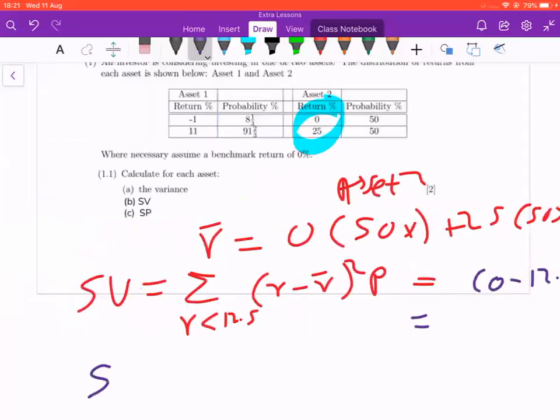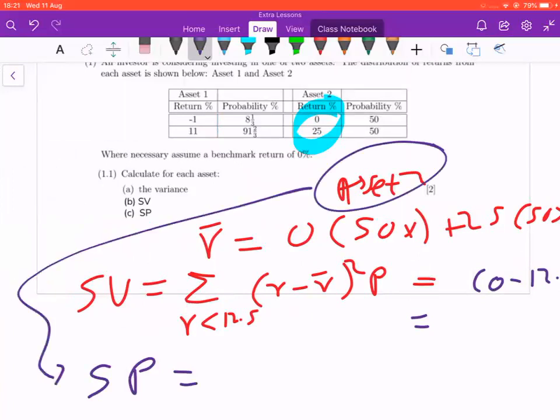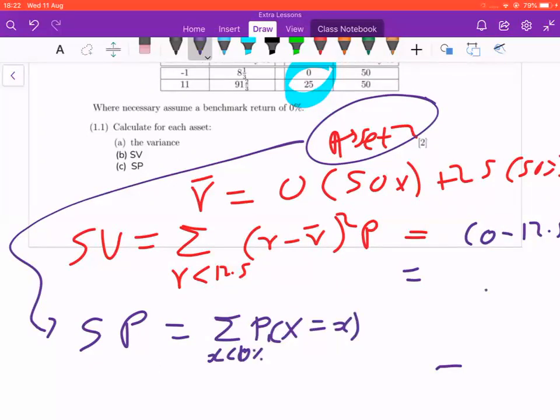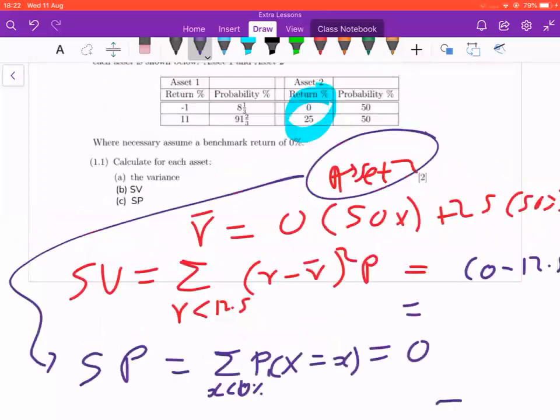So shortfall probability, again, I am going to look at it as asset 2, not 1. For shortfall probability, you're just going to find the sum of the probabilities of capital X being equal to x, where x is going to be less than 0%, right? So this one is going to be 0% actually. Shortfall probability is going to be 0% for asset 2. Any questions? This is for 2.